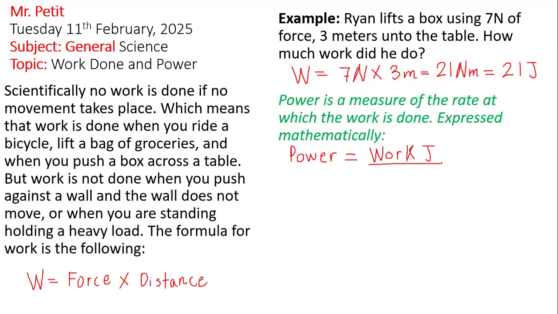How much work is done in a given time frame? So work divided by time, very good. And here time is going to be in seconds. That is power. So if you have more work being done in a shorter period of time, that means you have more power.